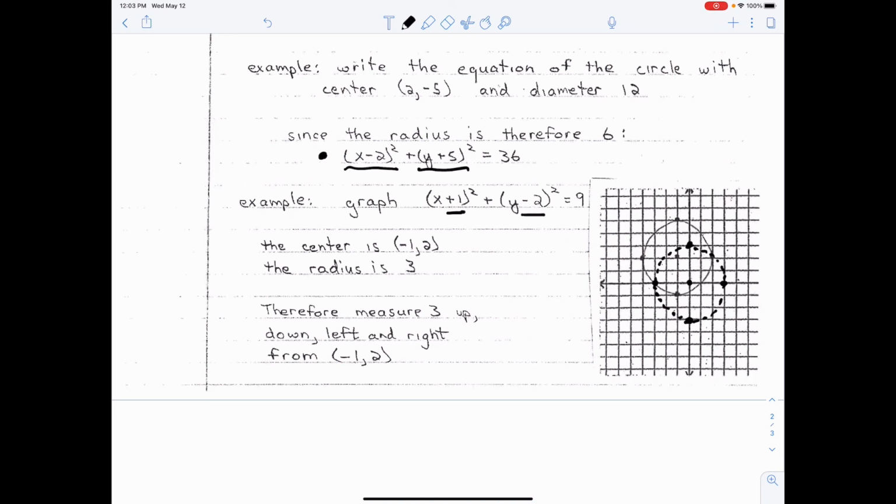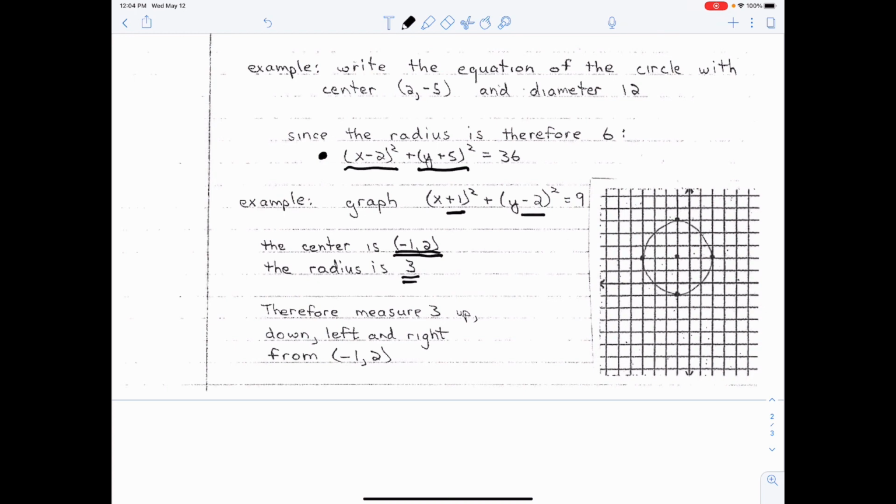Okay? Now, that's a perfectly good way to do it. But there's another way you can do it too, which if you like this better, it might be easier. It's not that big of a deal, though; both of them are fairly simple. And it's this. Don't really look at this as a shifted circle, although that's what it is. What we're going to do is just graph the center point, which is not on the circle, but it's a guide, and then from that center, go out 3.